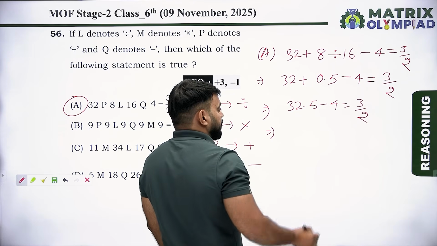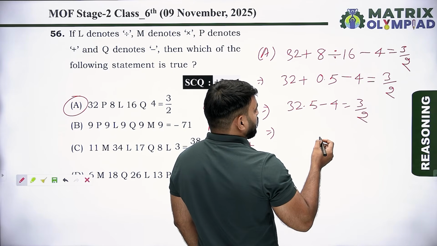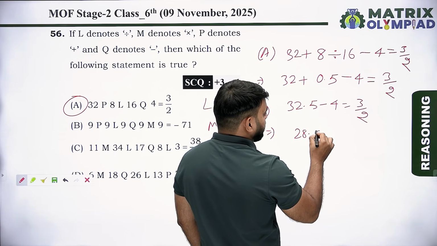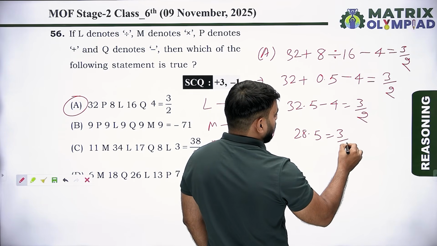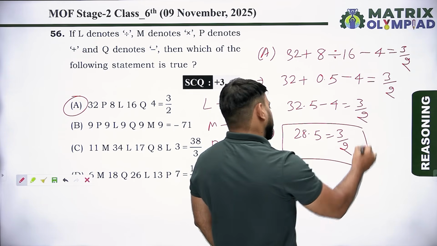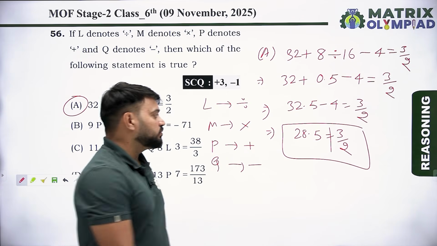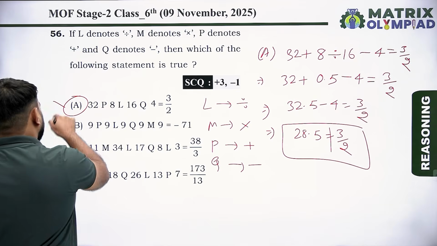Now 32.5 minus 4, it means 28.5 is equals to 3 by 2. So 28.5 never equals to 3 divided by 2. So here option A is a incorrect option.